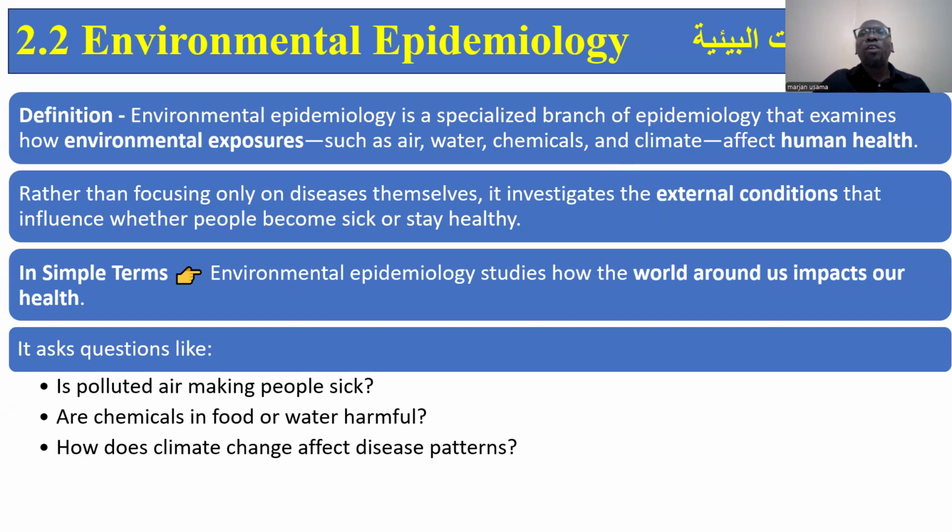So that is what environmental epidemiology is all about. Like how this environmental exposure, for example, if you're exposed to air, is the air polluted in itself? And is it going to cause a disease? Water, chemicals, are they toxic? The climate, okay? How they affect the human health.